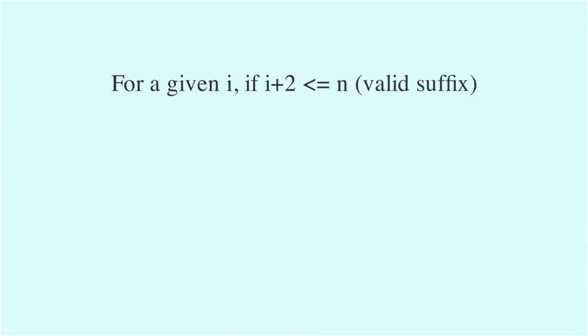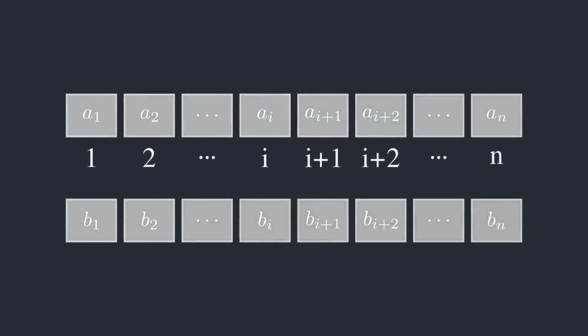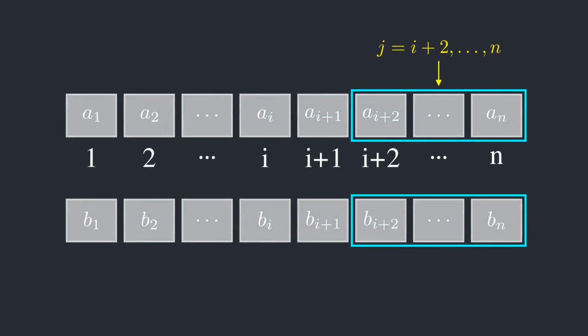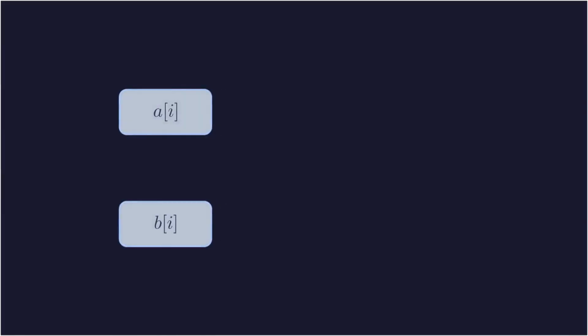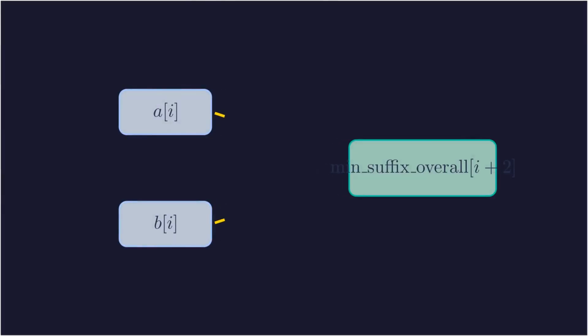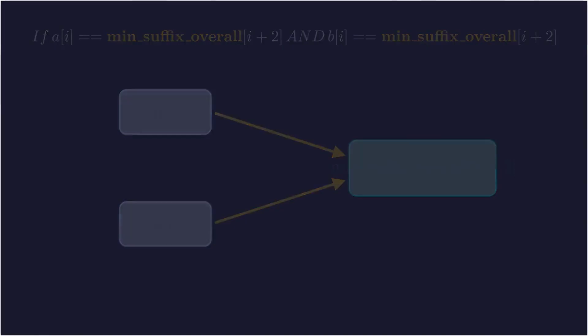Then, for a given i, if i plus 2 is less than or equal to n, meaning there are elements in the suffix, this suffix consists of indices j where j is greater than i plus 1. a_i can be made equal to min suffix overall at i plus 2, and b_i can also be made equal to min suffix overall at i plus 2.